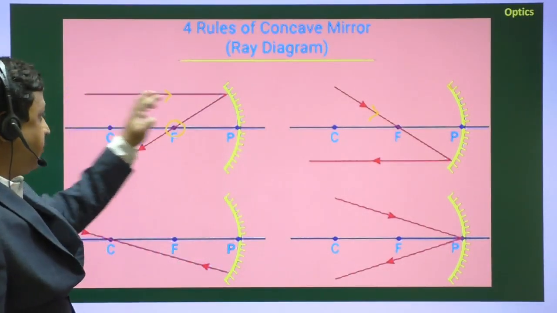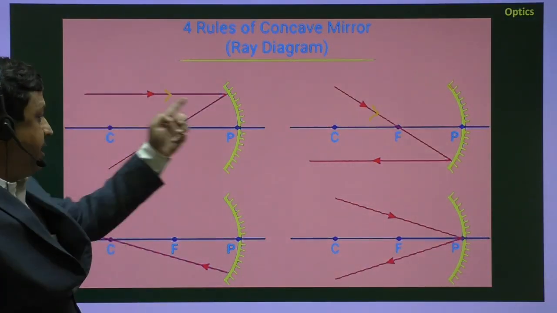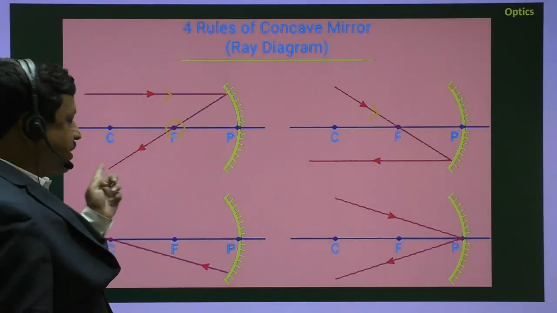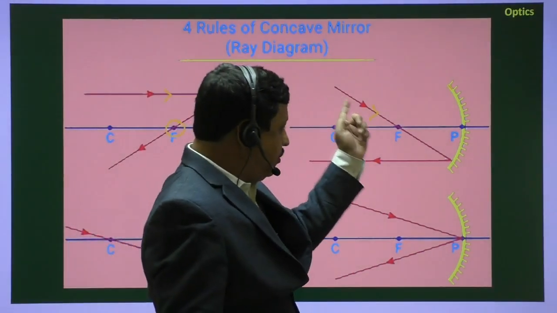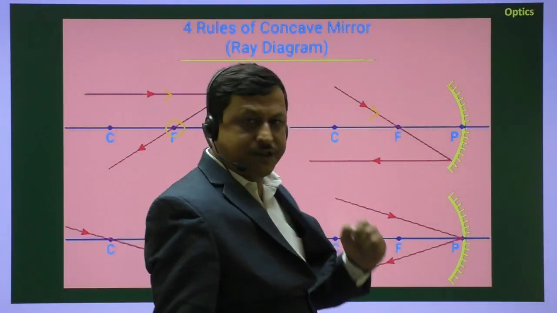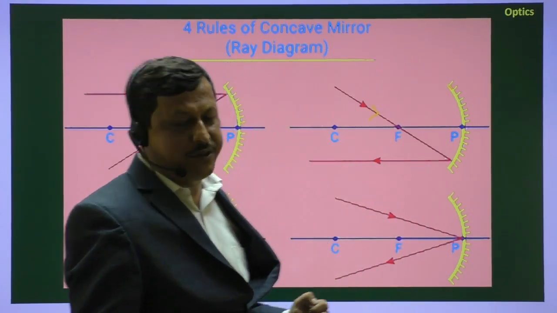If rays parallel to the principal axis are incident on the mirror, then after reflection they move through the focus point. And if a ray is incident on a mirror through the focus point, then after reflection it will be parallel to the principal axis.